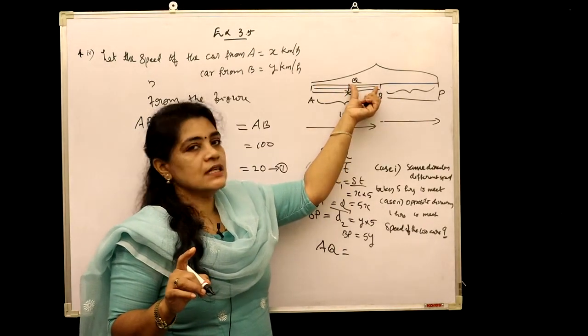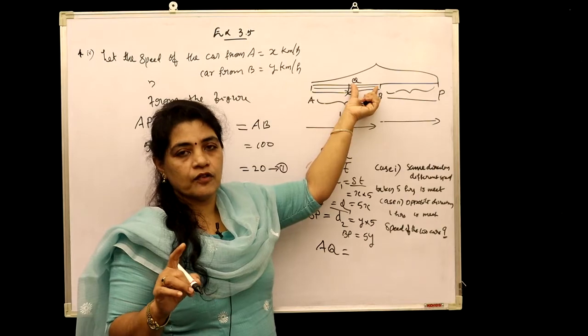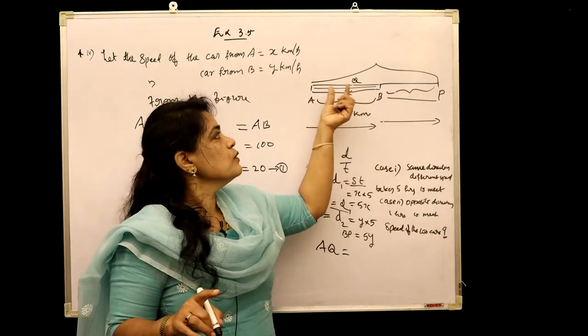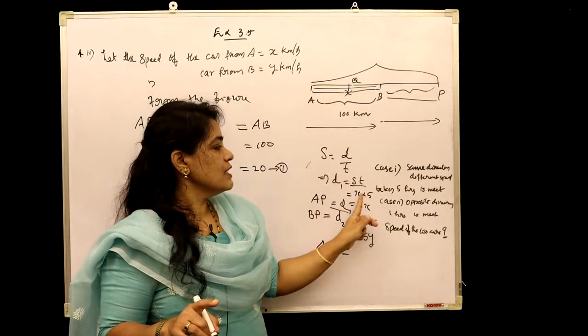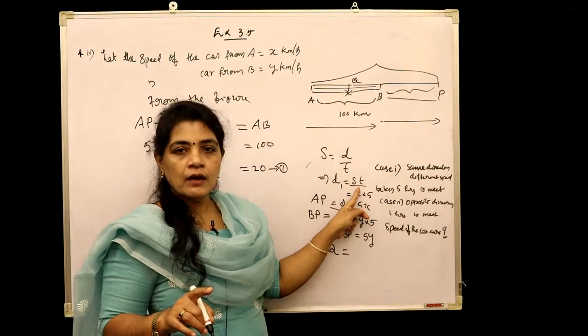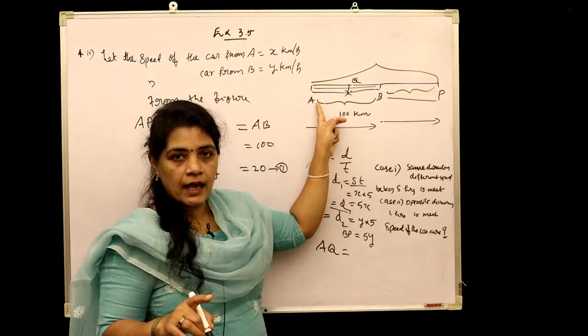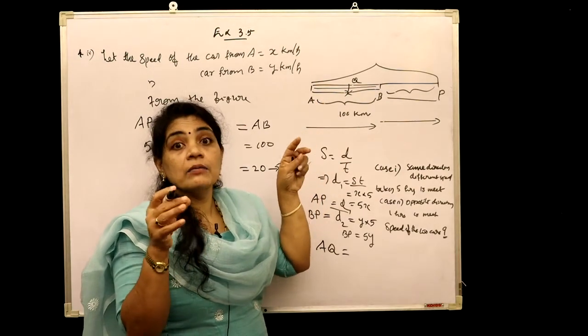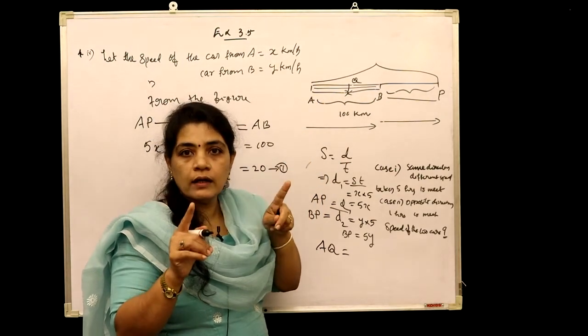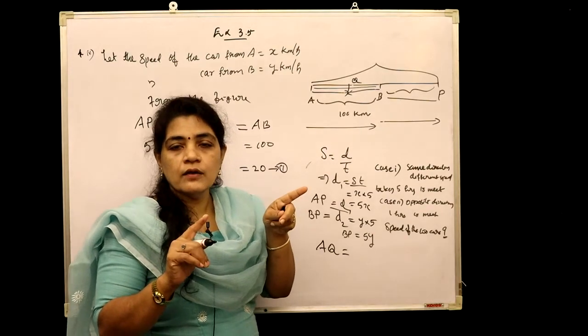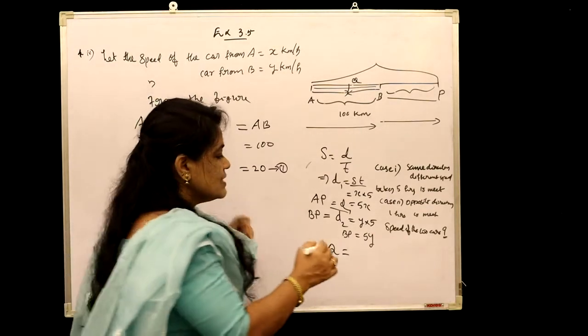And BQ is the distance travelled by the car from B. So this AQ, we know distance is speed into time. The speed we have taken as x for car A, so x into the time taken to reach Q, which is 1. So x into 1, speed into time, that is x.